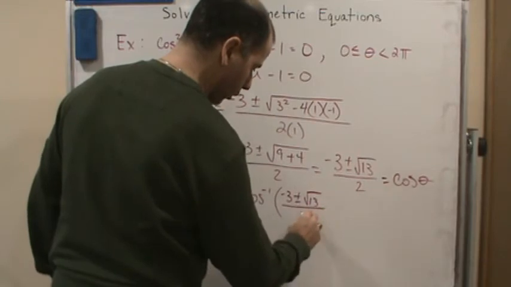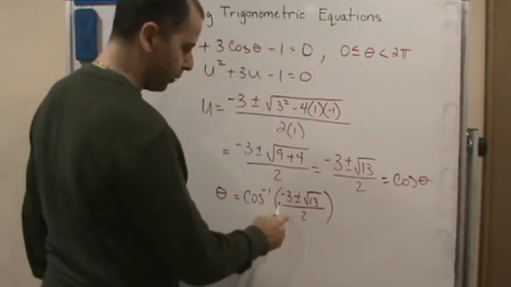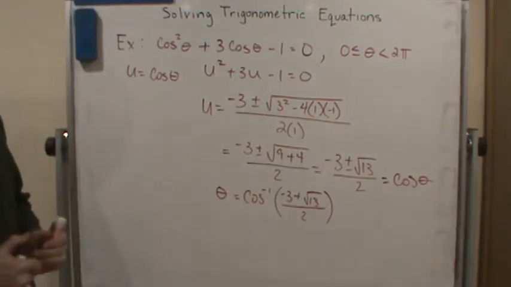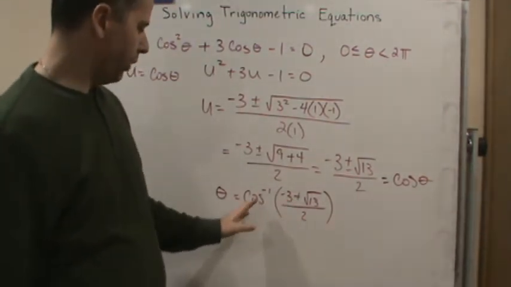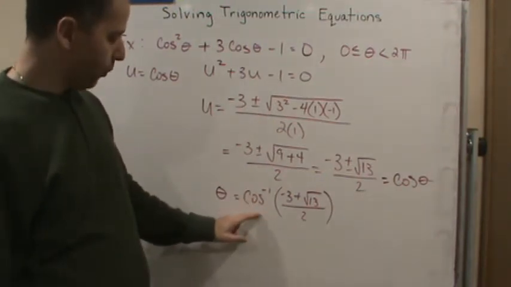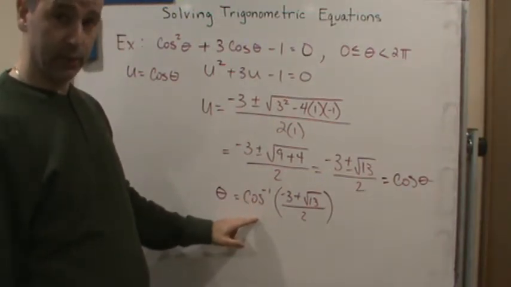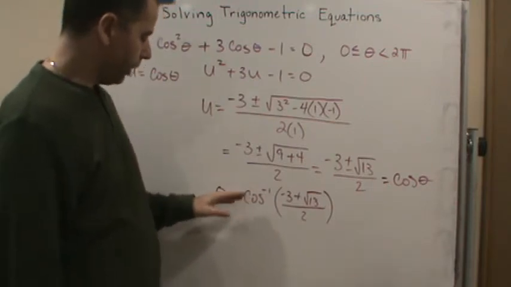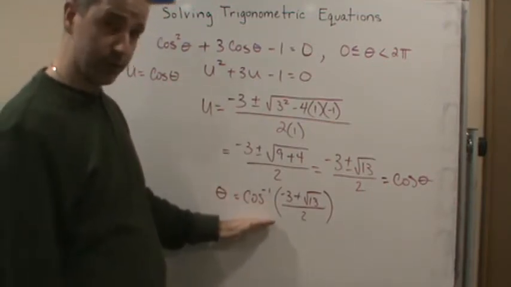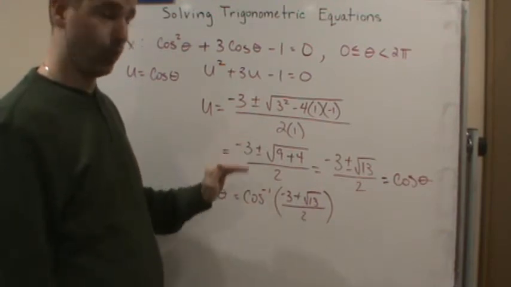Now, the reason why we're not going to use the negative sign, and only use plus, is because if we use the negative sign, we're going to get an error on our calculator. Remember, the range of cosine is from -1 to 1, which means the domain of the inverse function is -1 to 1.